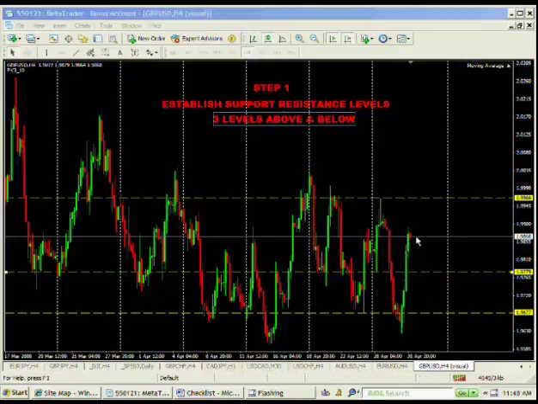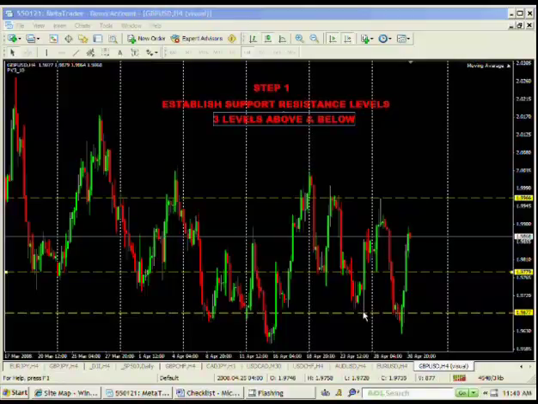We find here a prior low, which on the way up, this low was resistance, but on the way back down, now that we're above it, it becomes support. Prior resistance becomes support. So here's level 1 on the way down, and we come down here, we see another low here, so that's level 2 of support on the way down.